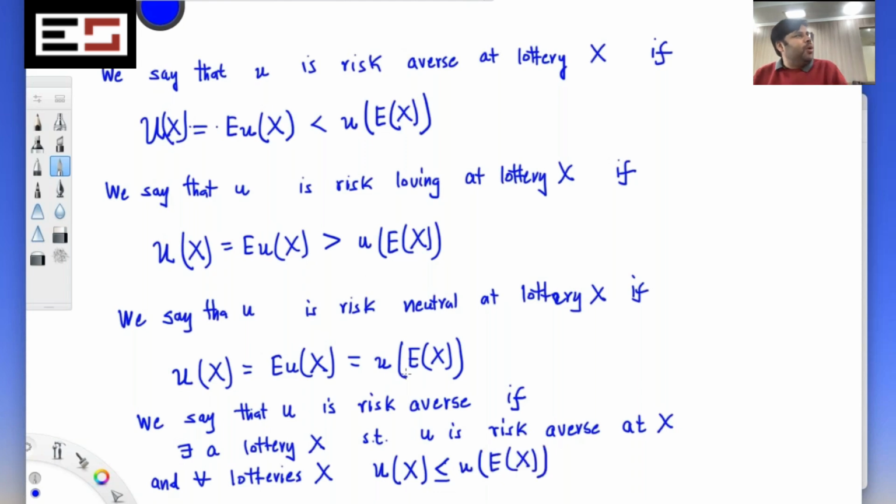This weak inequality should hold over all lotteries, and there must be at least one lottery on which this inequality is strict. Is this okay?